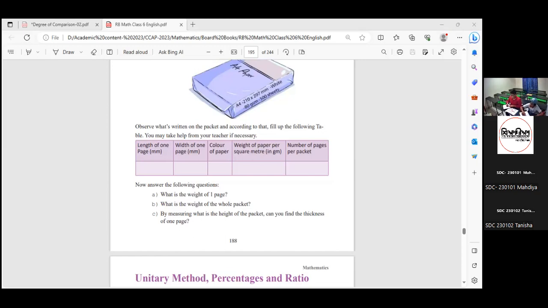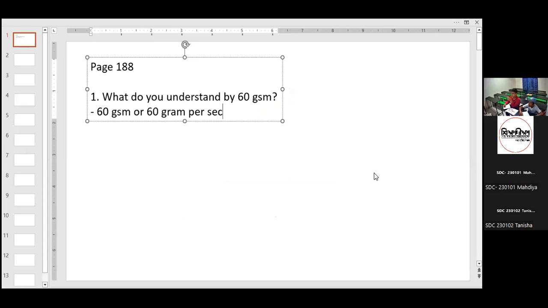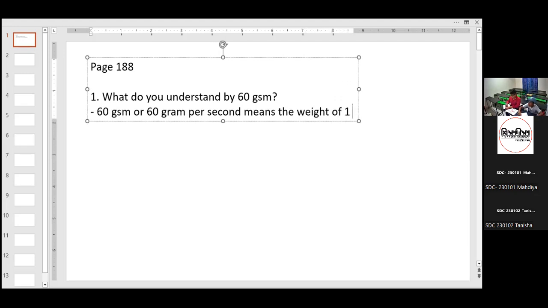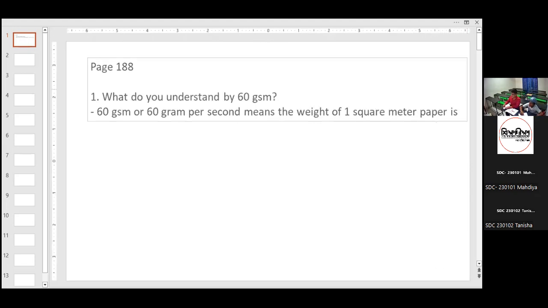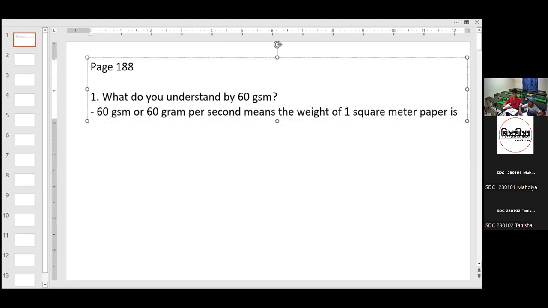এর আগে আনসারটা লিখি 60 GSM or 60 gram. স্যার কিছু দেখা যাচ্ছে না. 60 gram per second means the weight of 1 square meter paper is 60 gram.